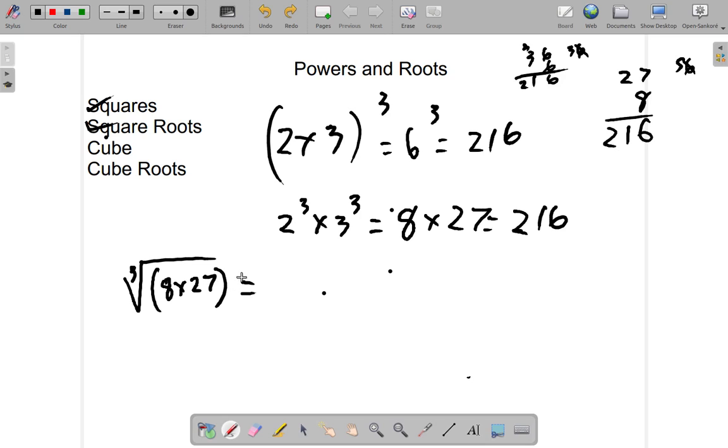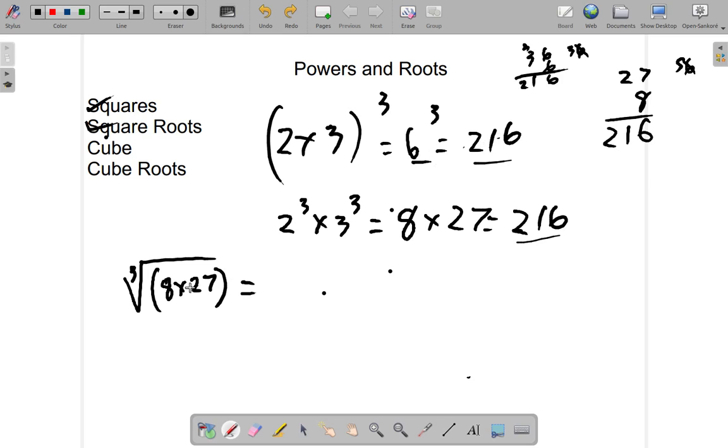But here, 8 times 27, and the cube root of that, 8 by 27, as we saw up here, is 216, and a number that multiplies itself 3 times to give you it is 6. So this is suggesting that the cube root of 8 by 27, same as cube root of 216, is 6.